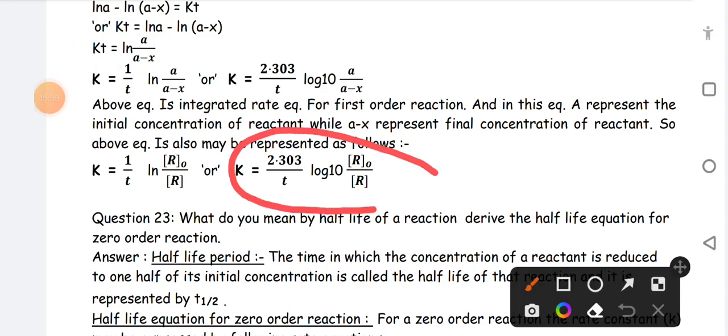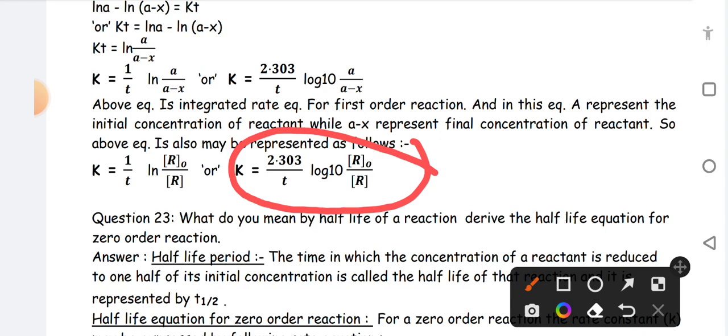K is equal to 2.303 upon t log 10 R naught upon R. Here R naught is the same as for zero order reaction, the initial concentration of reactant, and R is the final concentration of reactant.